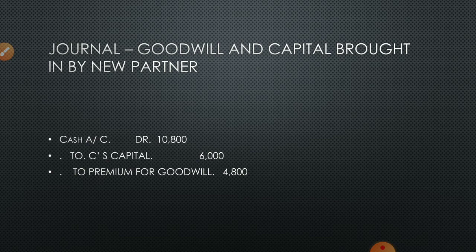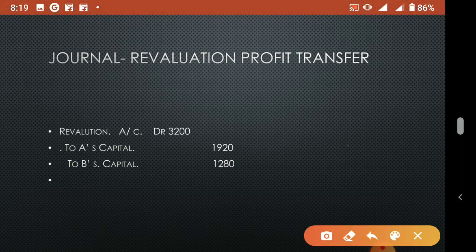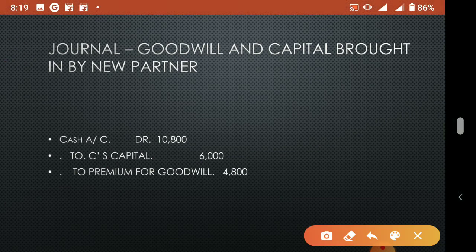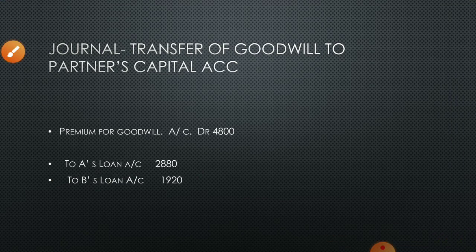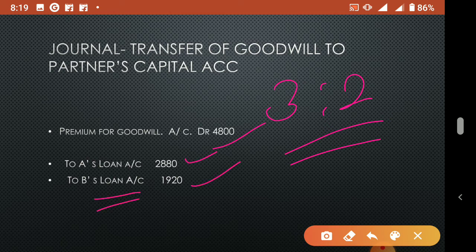Here there is no change, so the sacrificing ratio will be the same as the old ratio, 3 is to 2. So 4,800 divided in this ratio gives 2,880 and 1,920. The only difference is that instead of capital we are writing loan account. That is the only difference mentioned in the question, that's why we transfer to the loan account.